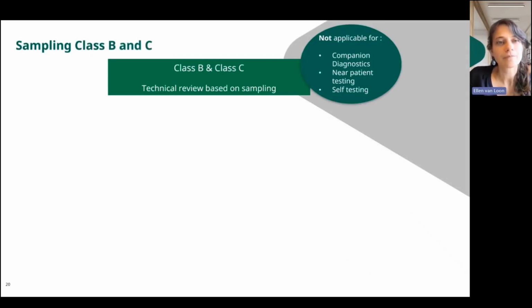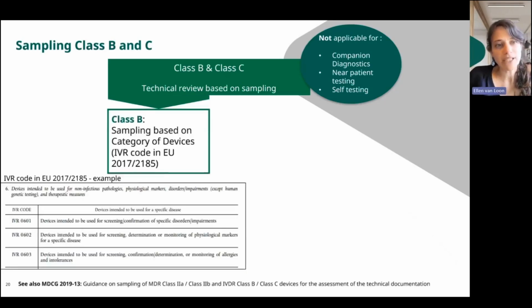I hope you still remember, as I said, for Class B and Class C devices, sampling is possible. However, it's not applicable for companion diagnostics, near-patient testing, or self-testing. For Class B, these groups can be sampled based on category of devices, and this is made on the IVDR code. The IVDR code reflects the design and intended purpose of the device.